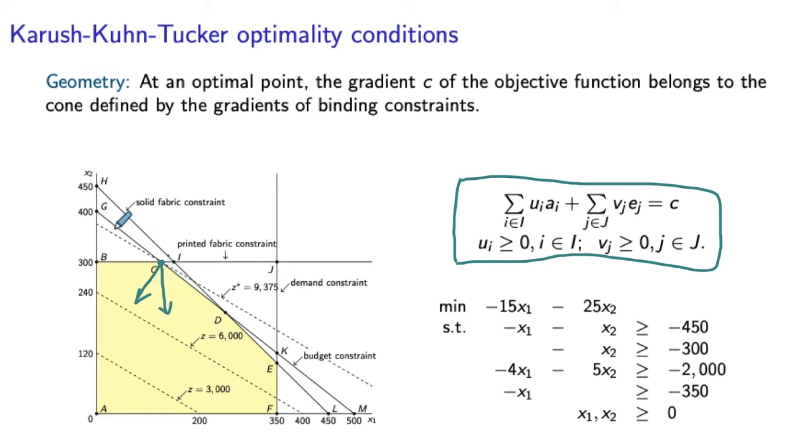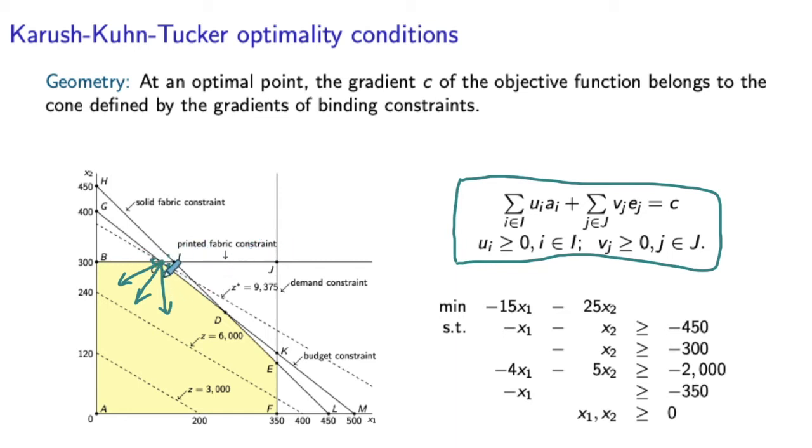And for the other binding constraint, which is the budget constraint, the gradient is going to be orthogonal to the level set, and it's going to look roughly like this, right? So this is supposed to be orthogonal to this line, just like this one was orthogonal to this line.